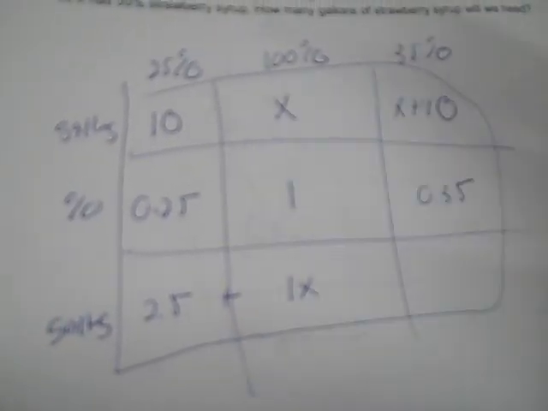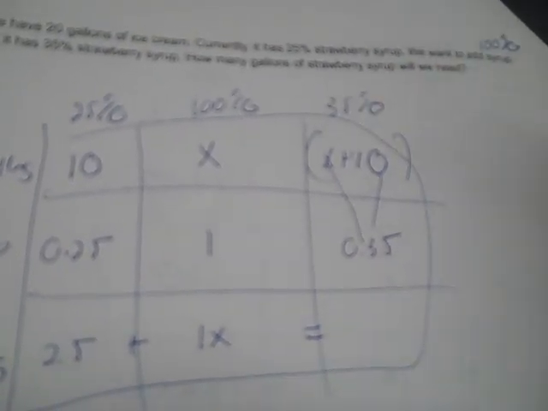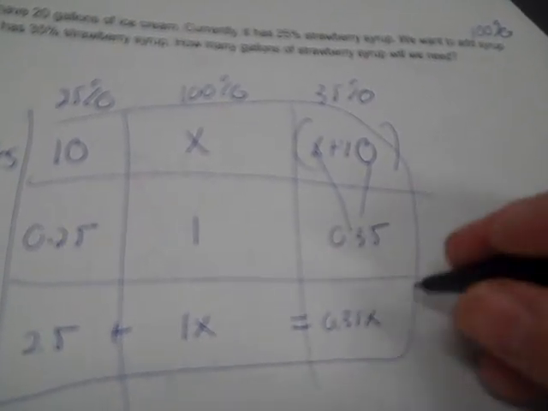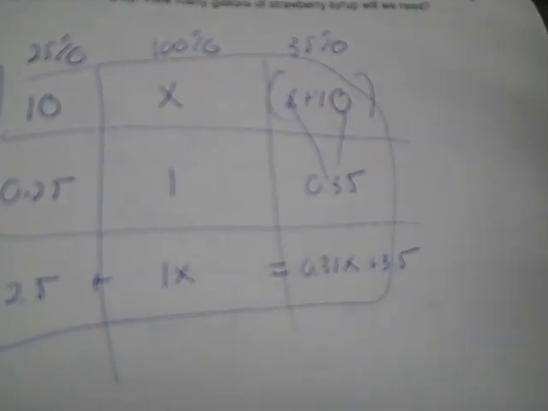Okay, so 0.25, and that's 1, and then 0.35. 10 times 0.25 is 2.5. Plus 1x, or just x, equals, distribute, and that's 0.35x, and then 0.35 times 10 is 3.5.